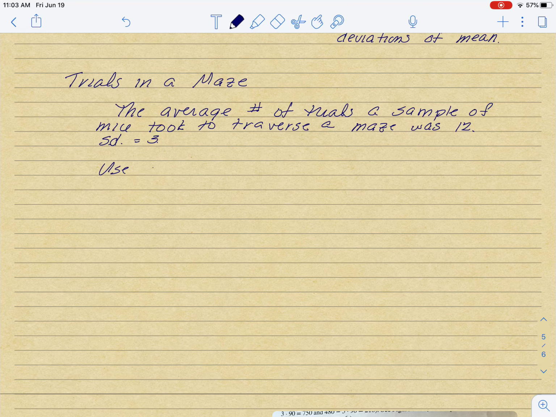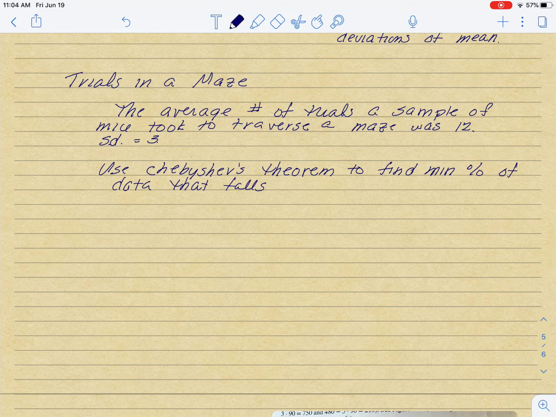So use Chebyshev's theorem to find the minimum percent of data that falls in the 4 to 20 range.